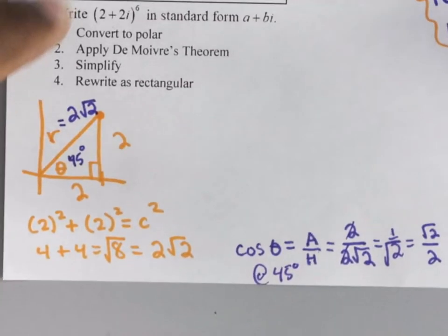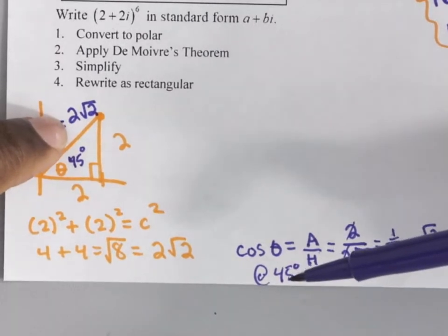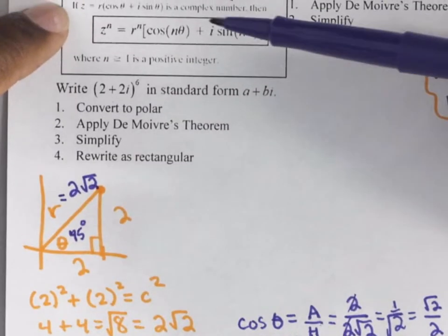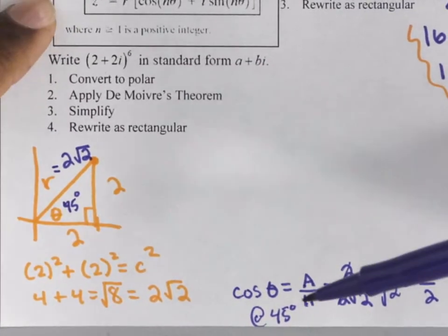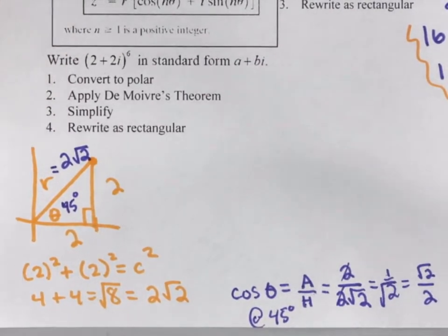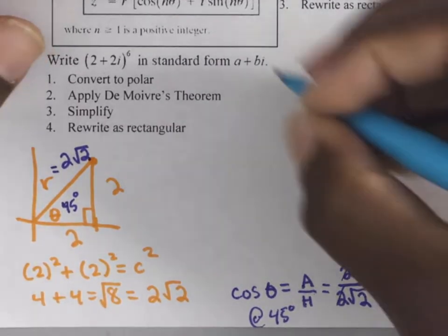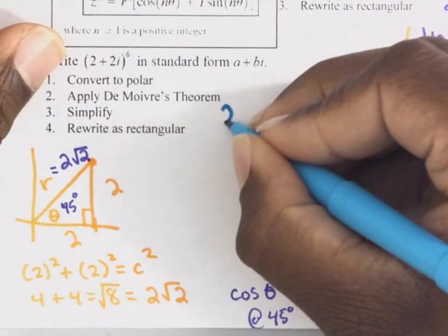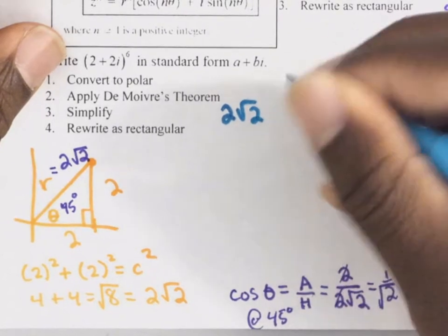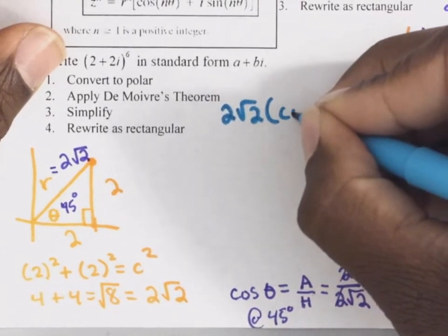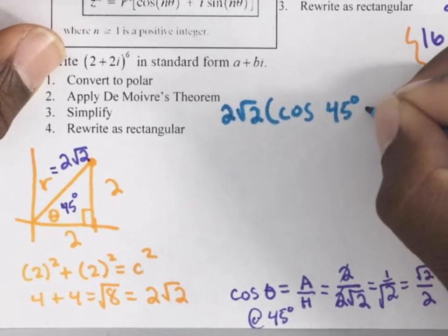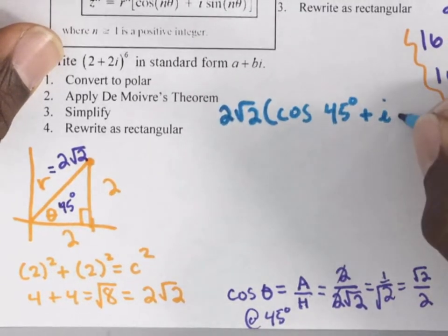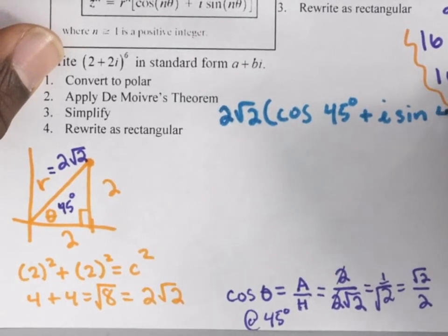Okay, so now we got our R value, and we got our angle, theta. So now we can write this as a complex number in polar form. Everybody okay with what we got? Yes. All right, so let's write it in polar form. R is 2 root 2, times cosine of the angle, which we said was 45 degrees, plus my imaginary unit i times sine of the same angle, 45 degrees.